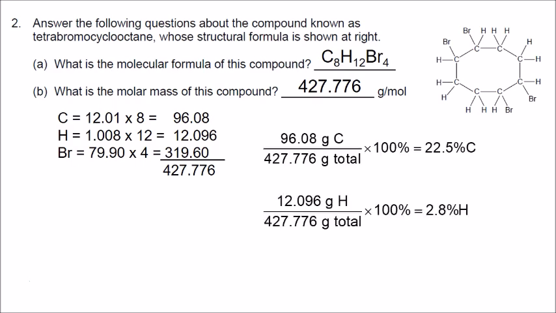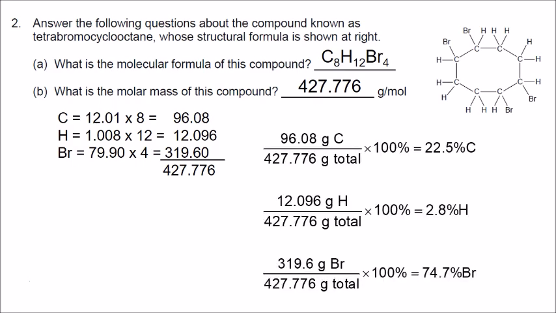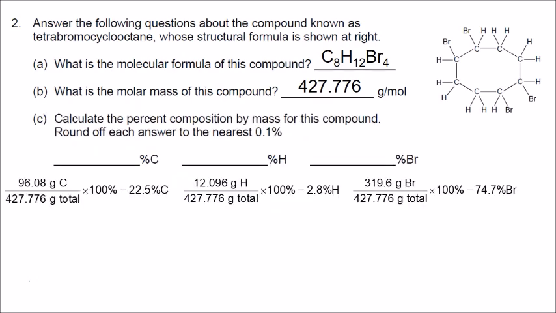If we break down the mass of carbon, hydrogen, and bromine and calculate the percent by mass for each of these elements, we get 22.5% carbon, 2.8% hydrogen, and 74.7% bromine by mass. So the correct answer for part C is 22.5% carbon, 2.8% hydrogen, and 74.7% bromine by mass.